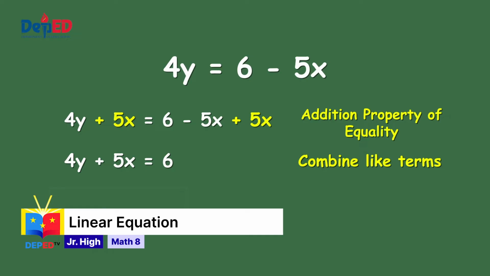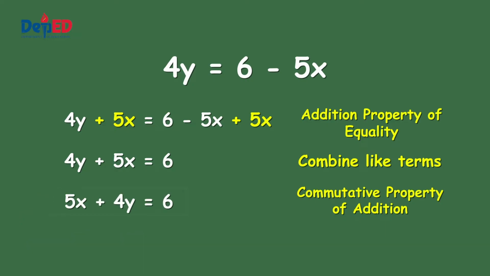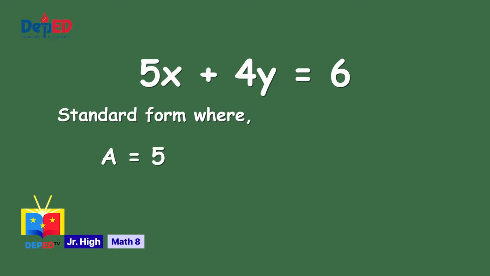And finally, to get the standard form, we apply the commutative property of addition. Therefore, we have 5x plus 4y equals 6, which is now written in standard form, where a equals 5, b is equal to 4, and c equals 6.